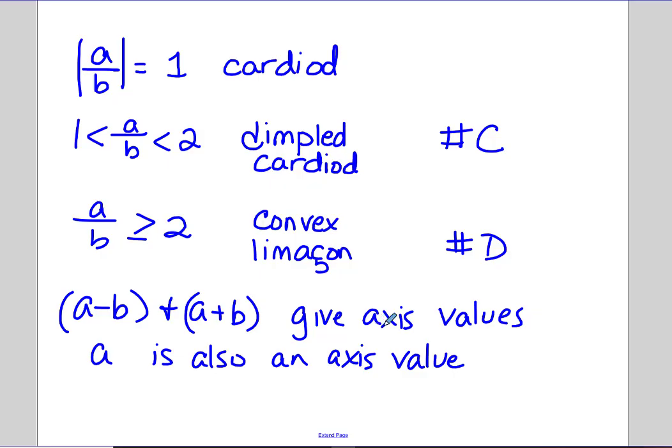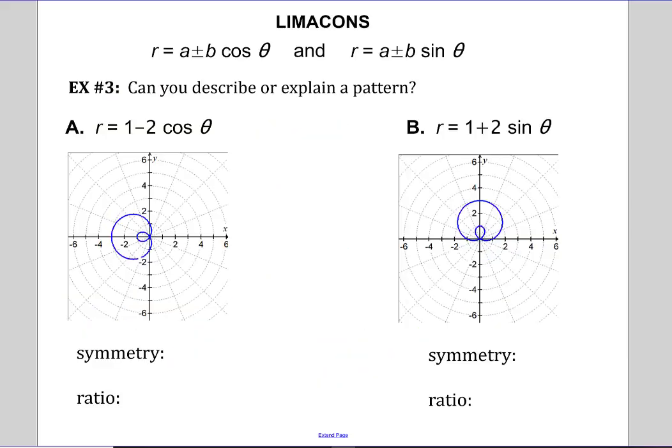So this one would go by whether it was sine or cosine, and this would be the opposite axis. So if it was cosine, this would be x-axis. This would be y value. If it was a sine function, these would be y axes, and this would be the x-axis. So just a little ability to graph without making a table of values.